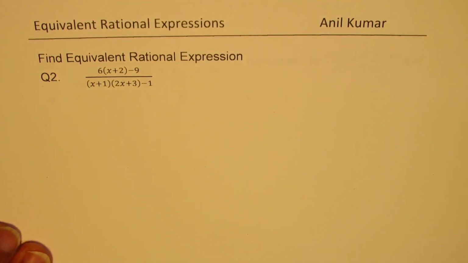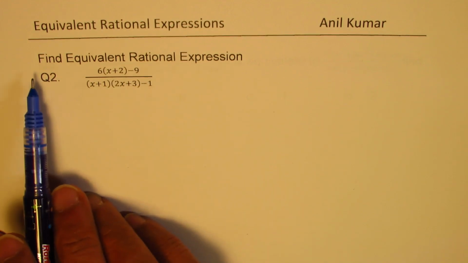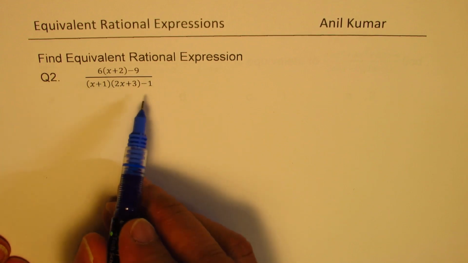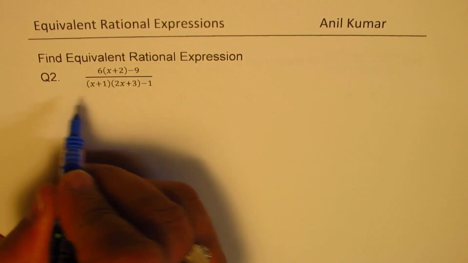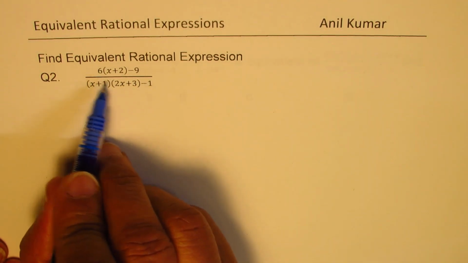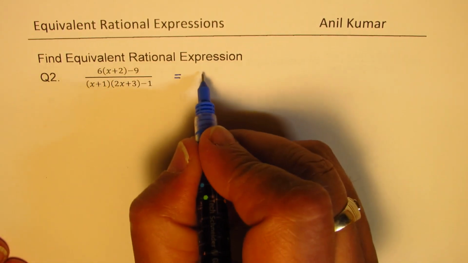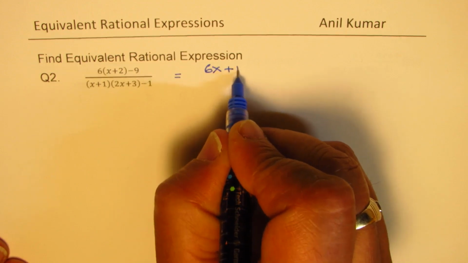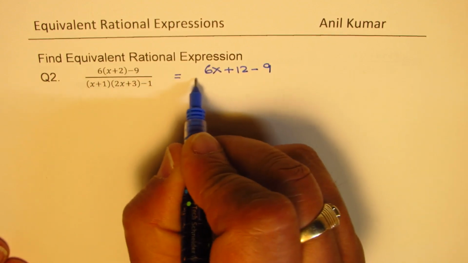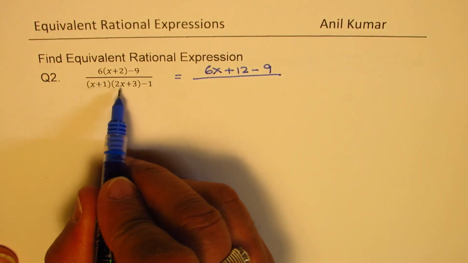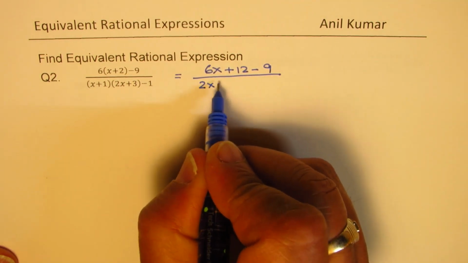Question number 2. So I've changed the title here, find equivalent rational expression, right? Okay, so this is slightly different from what we saw last time. The numerator, let us expand this. 6 times x plus 2 could be written as 6x plus 12 minus 9. And we'll expand the denominator also. X times 2x is 2x squared.